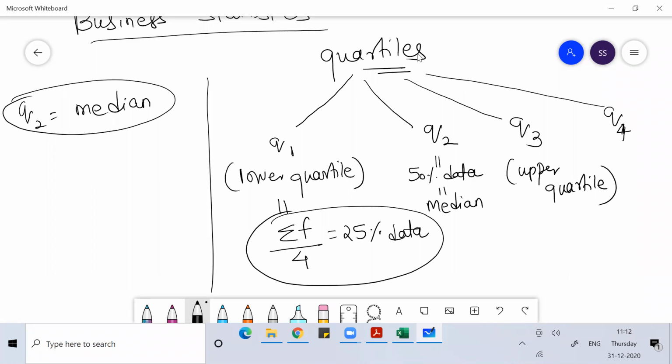That means Q1. While when we say Q3, Q3 means where the 75% of the data lies.